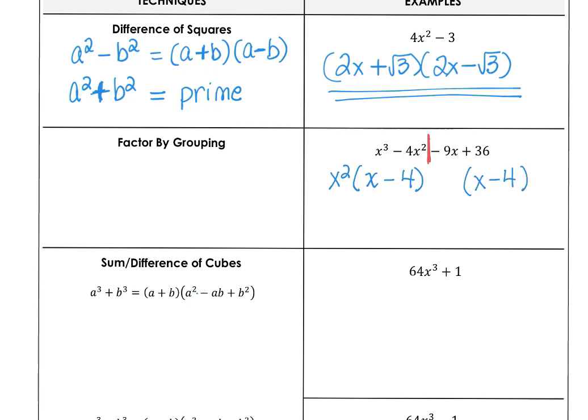So looking over here at the negative 9 and the positive 36, we could take out a factor of negative 9. Then you can see where our two factors come from. One factor is x minus 4, and the other factor is the leftover terms, the GCFs, x squared minus 9.